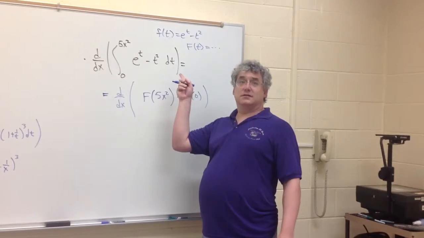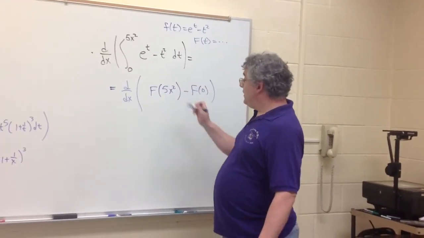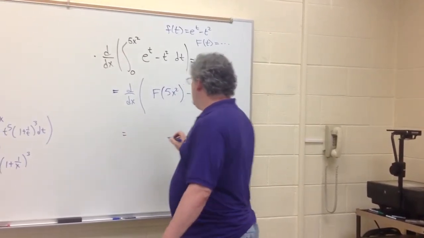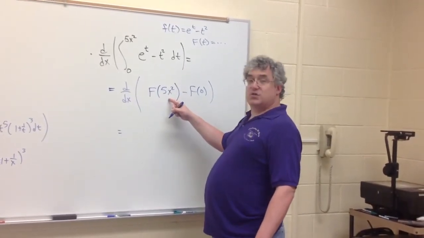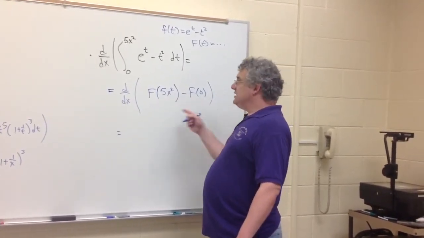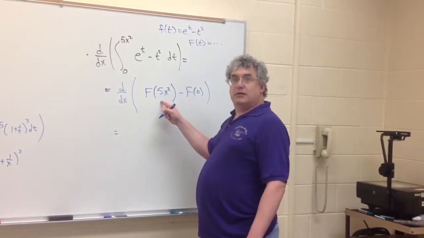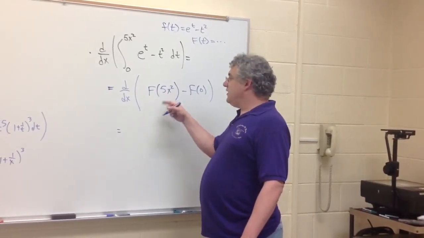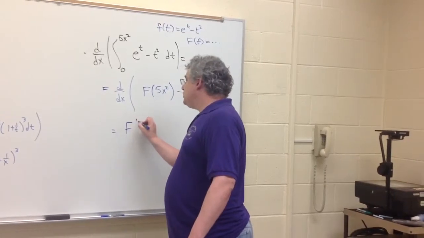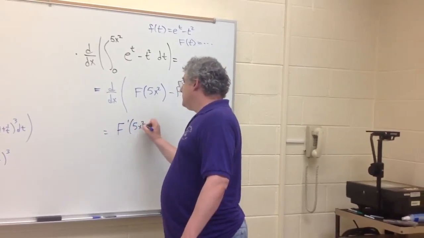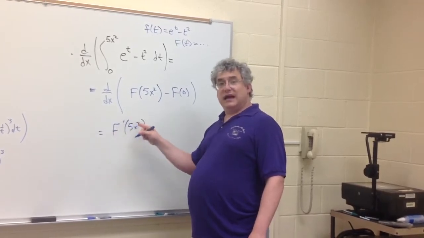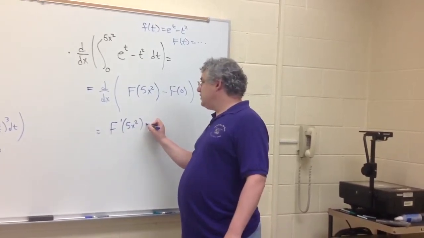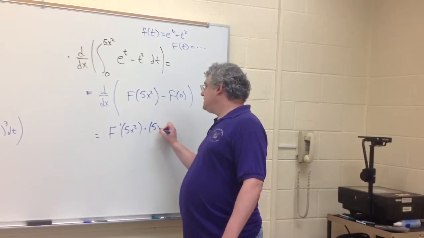That's what this is. Now, I want to take the derivative. Well, the derivative of the first one, this is a function at 5x squared minus, well, a constant. This is a chain. Outside function, inside function. So in order to find its derivative, we take the derivative of the outside at the inside, times, not composed, but times, the derivative of the inside.